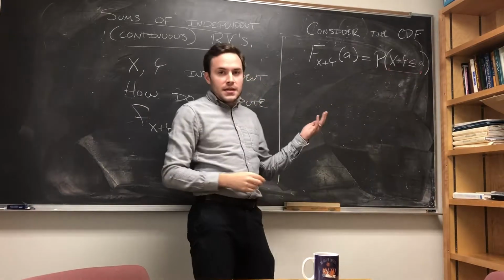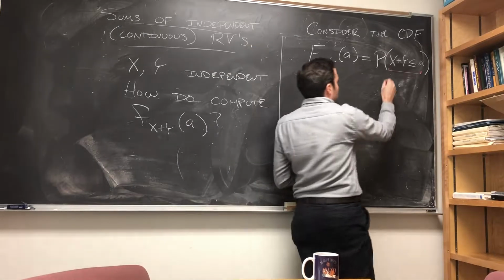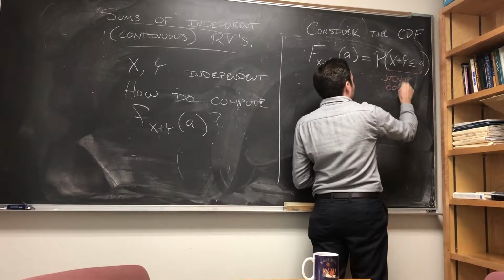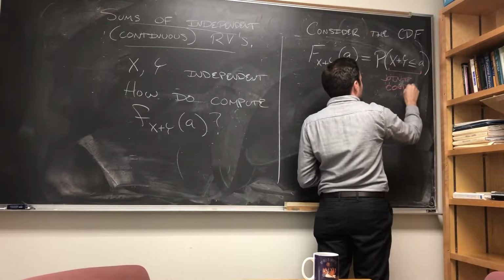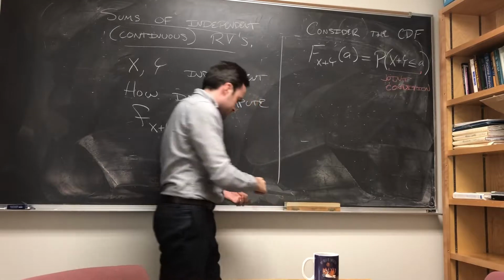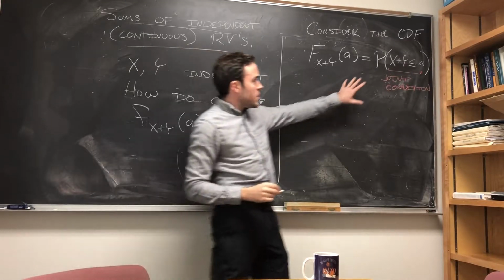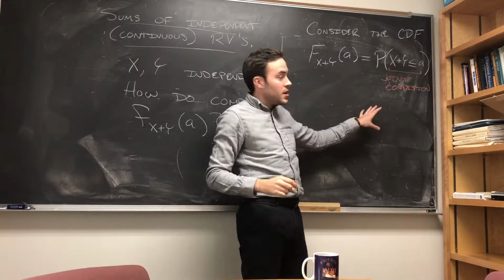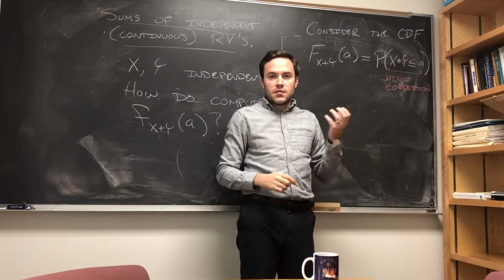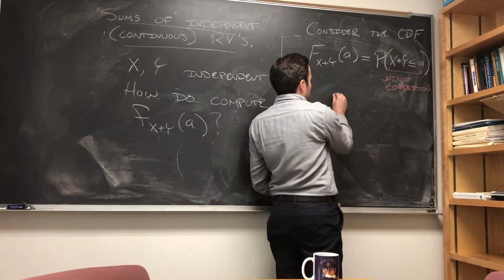And now what we pointed out in class is that this is a joint condition on both x and y. All right, so this is a joint condition on x and y. So that means that we could write this down as a double integral using the joint PDF for x and y, right? So the joint probability density function. And so that's what we do.